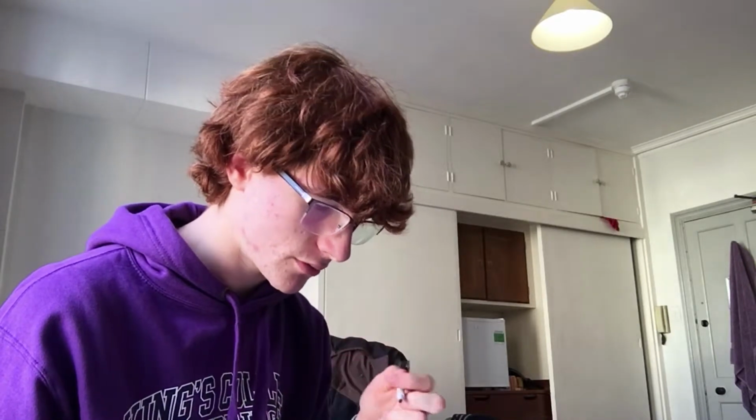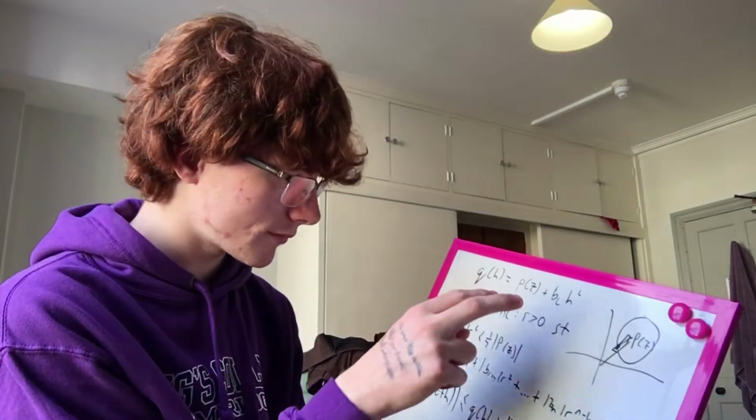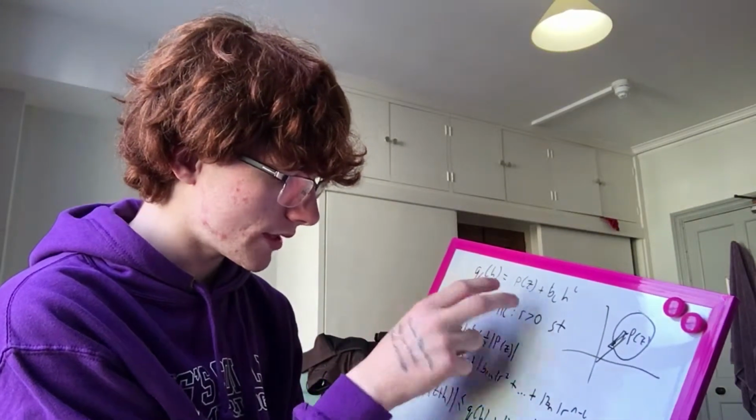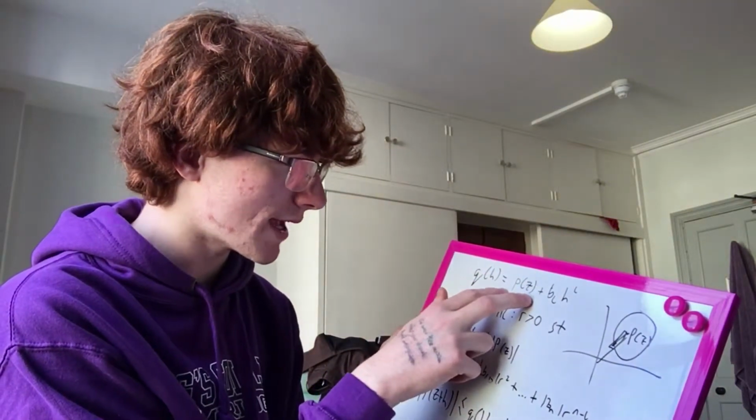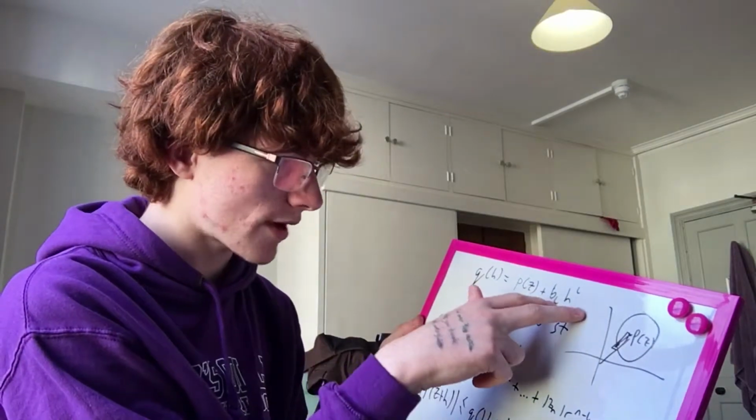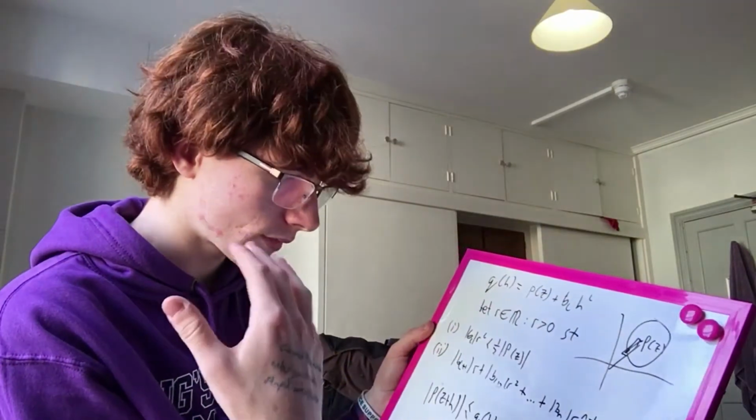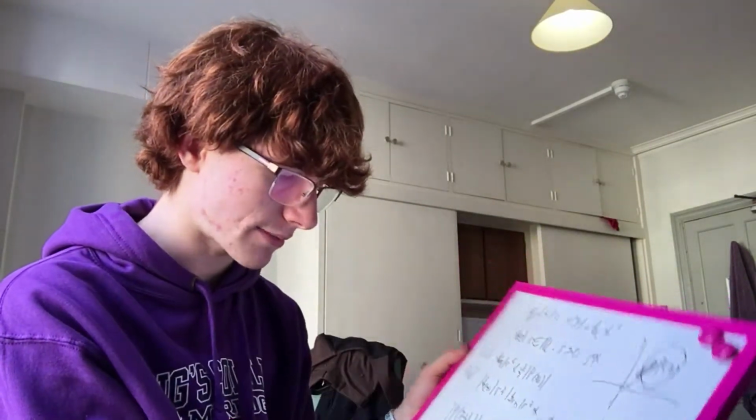Now, Q of H plus absolute value of B of L R to the L over 2 is strictly bigger than the absolute value of P of Z, because this P of Z is Q of H, subtract this here, so it's much the same thing.